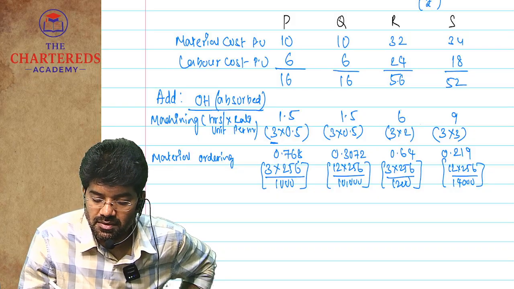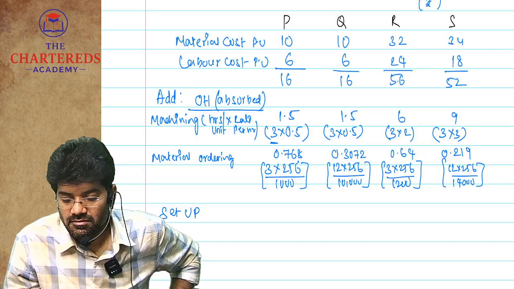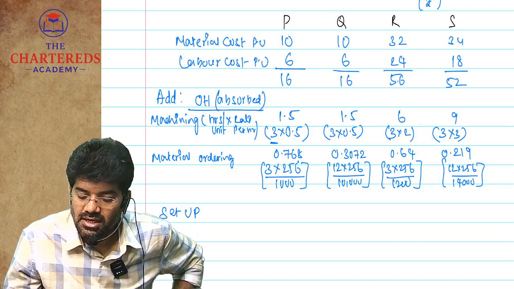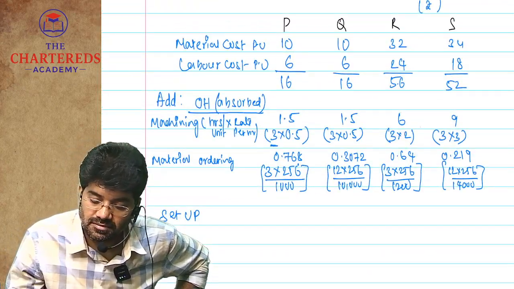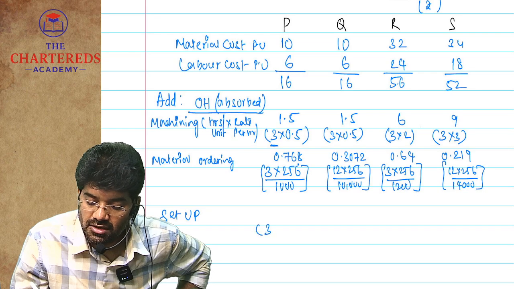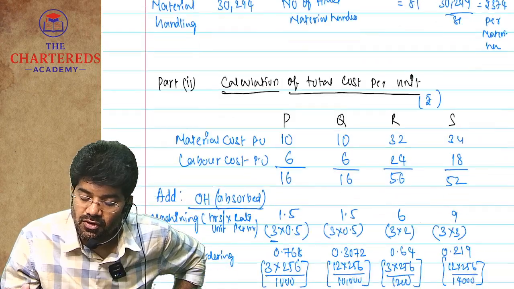Setup activity. How many setups are required for P? 3. So again 3 into rate per setup, how much we got is 348.